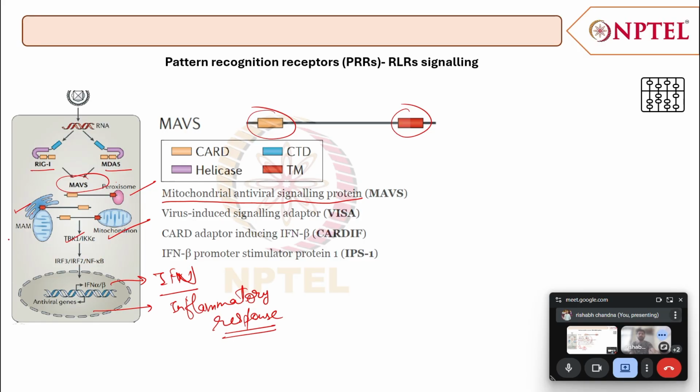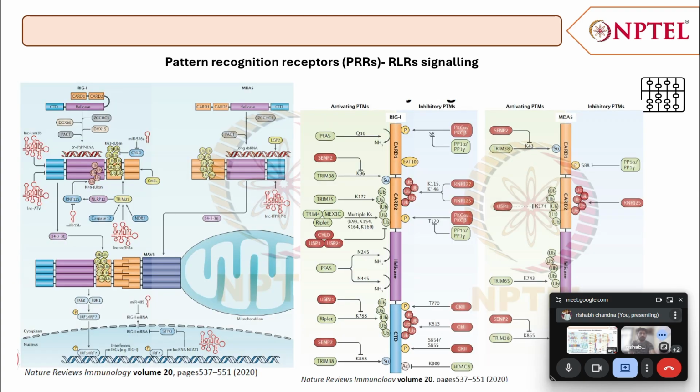Okay, so this is how the antiviral response actually happens in the presence of the RLRs. Okay, so these are the signaling proteins that are activated by the RLRs during infection through a virus.